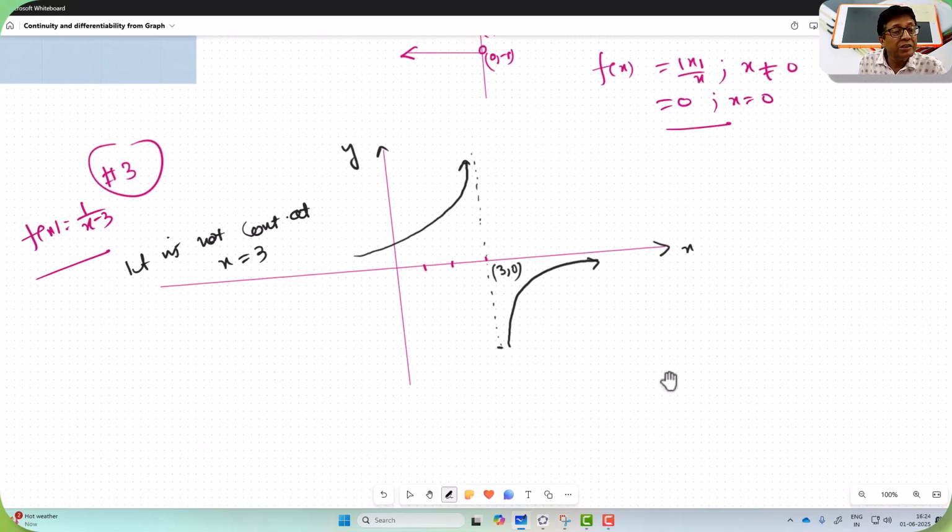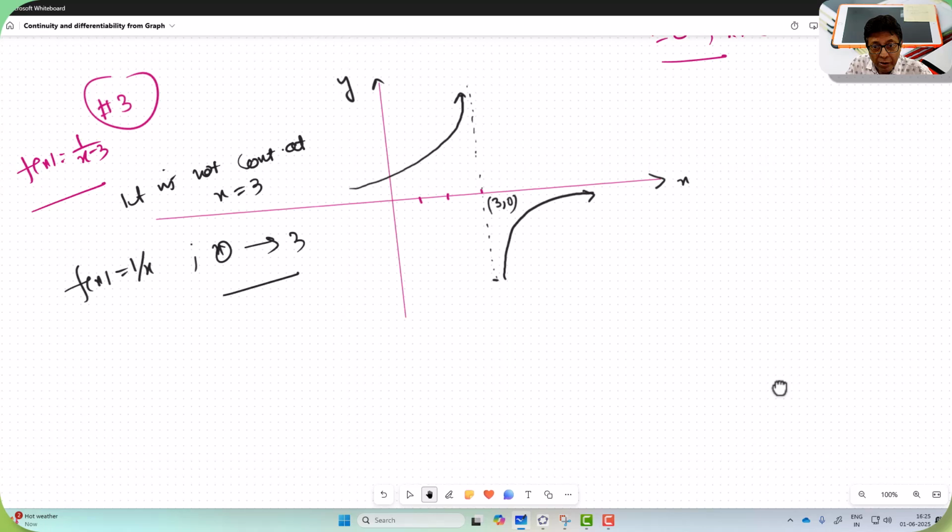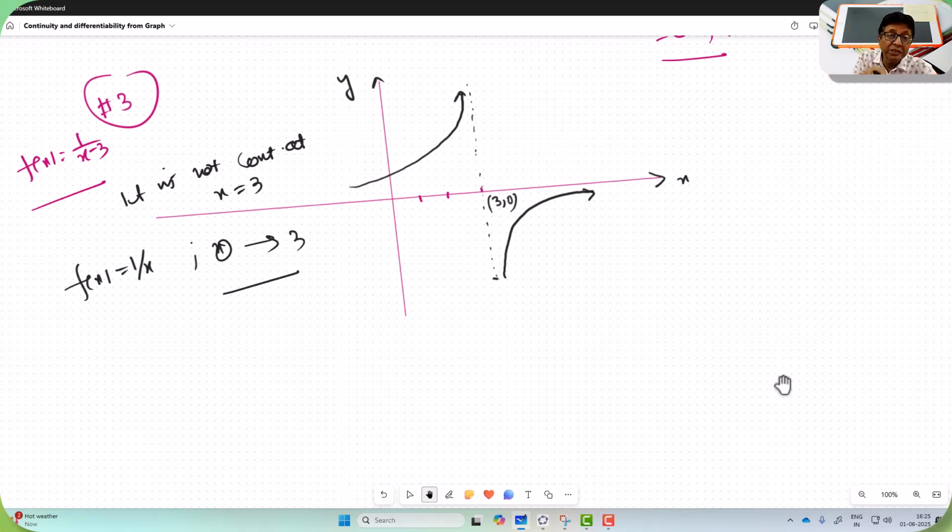This is just by shifting the origin from x equal to 0 to 3, we get the graph of this function. All those concepts of plotting graphs of functions that you have done in class 11 are required here, at least for today's class.